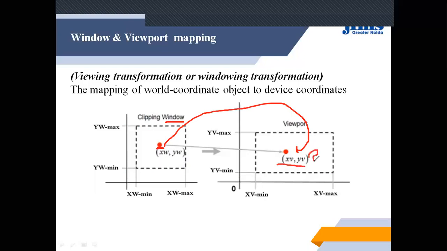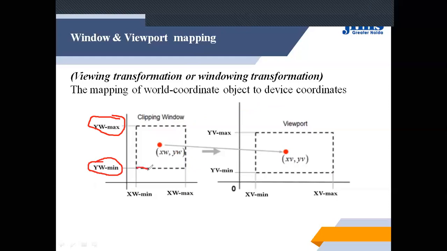Or sometimes, as I told, the point is given on the viewport and we have to find the corresponding point on the window. So this will be the question in the exam.